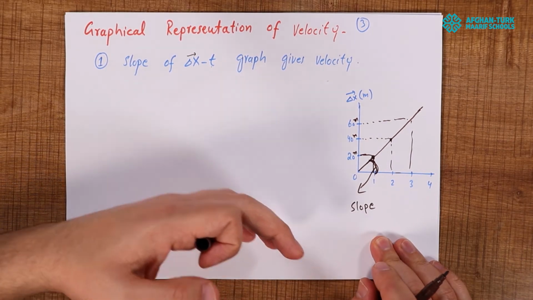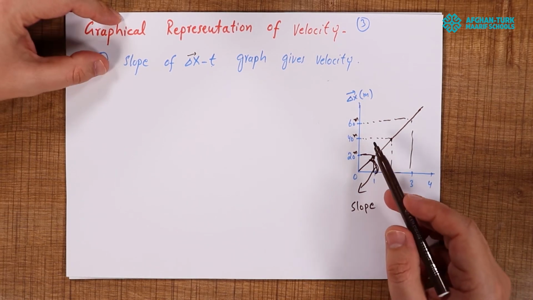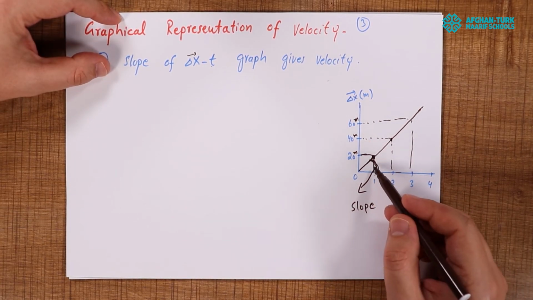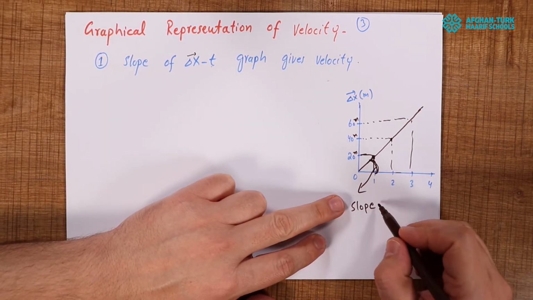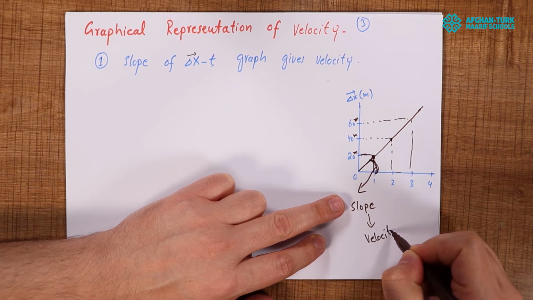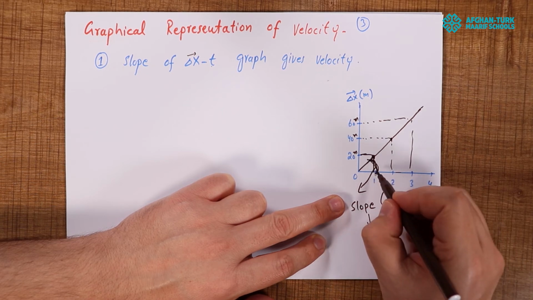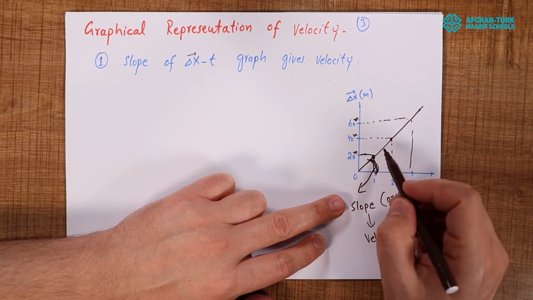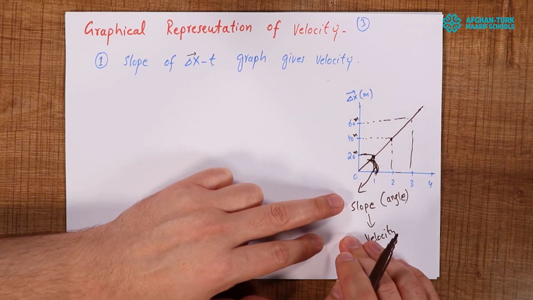It also makes an angle here with the horizontal or base. So this angle is called slope. Whenever we study the displacement time graph, it gives us the slope, and slope gives us velocity, and slope means the angle which this line makes with the horizontal side or base side. Okay, how?